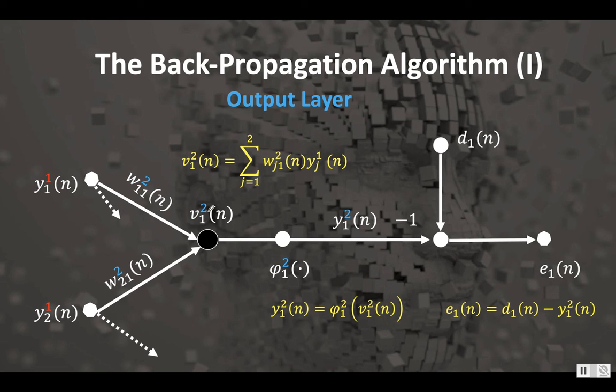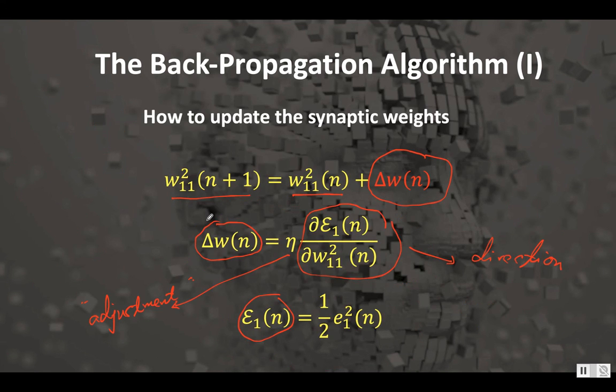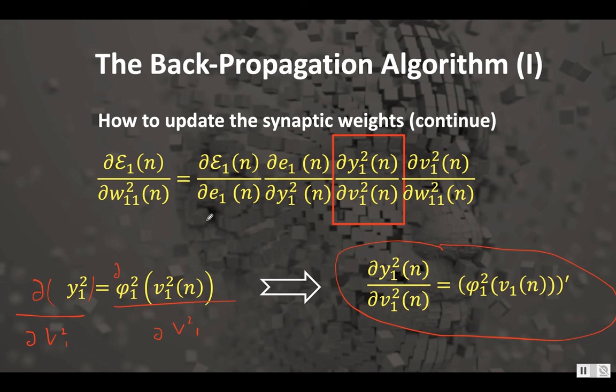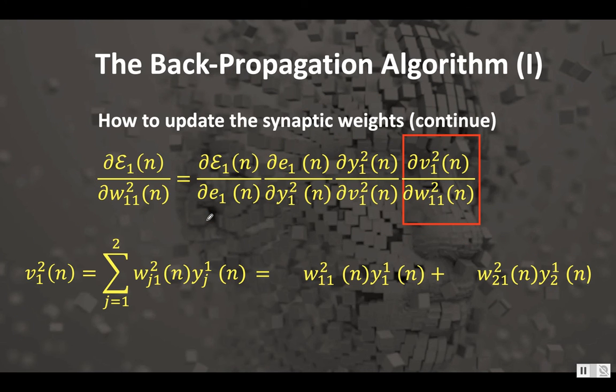We know V21 is nothing but Y11 multiplied with this weight plus Y12 multiplied with this weight, and the summation equals V21. So V21 equals W211 multiplied with Y11 plus W221 multiplied with Y12.